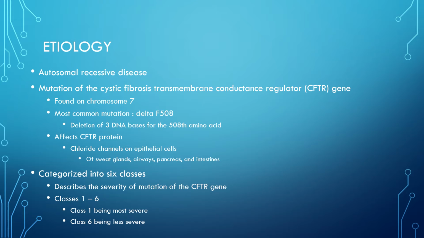This protein is essentially a chloride channel found on epithelial cells of sweat glands, airways, and also found in the pancreas as well as in the intestines. Cystic fibrosis can be categorized into 6 classes, each describing the severity of the mutation of the CFTR gene. Class 1 would be considered the most severe, whereas Class 6 would be considered less severe.